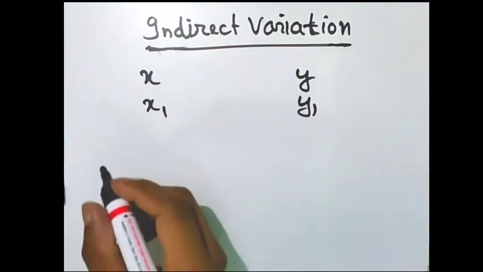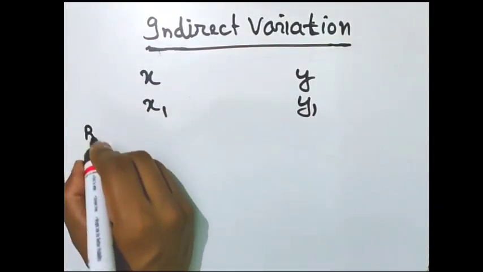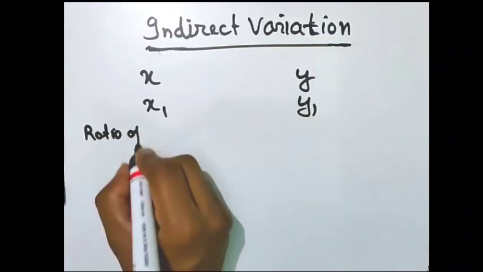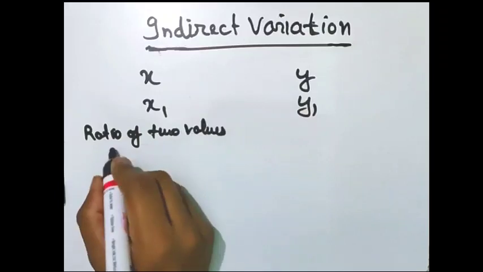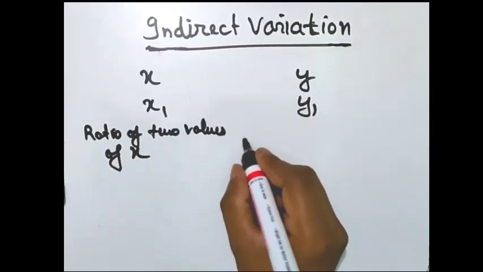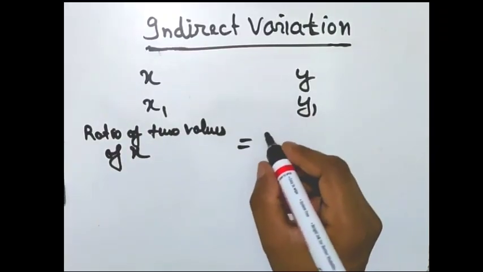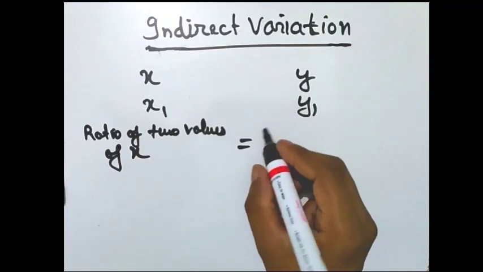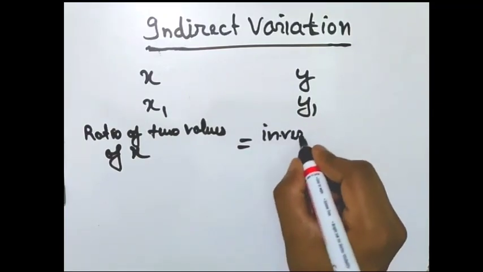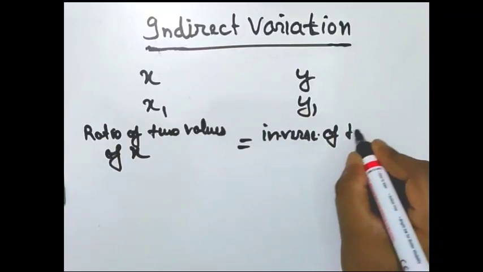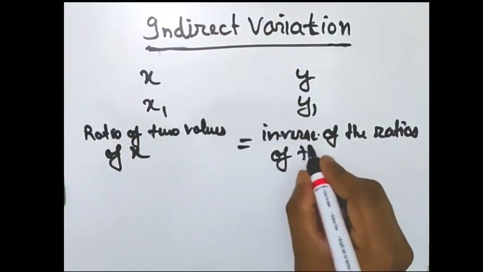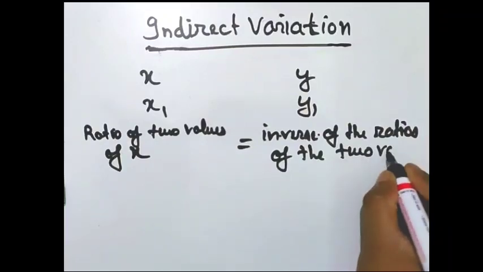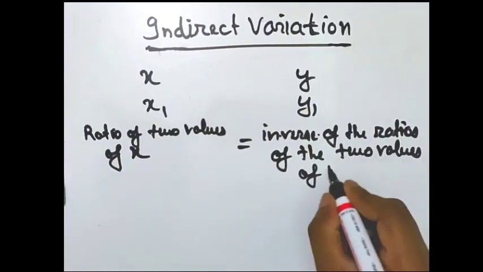So here the ratio of two values of x will be equal to the inverse of the ratios of the two values of y.